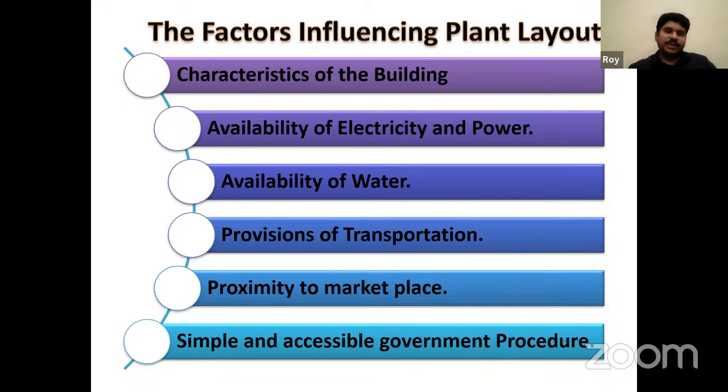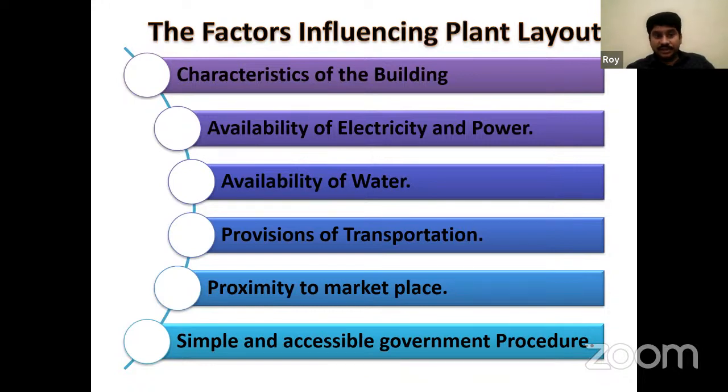Once the product is produced, to take that product to the market, generally you'll try to see a nearby place. Next one, simple and accessible government procedure. There are some areas where the procedure is so fast, and if you go to the cities, they won't allow you to keep factories.